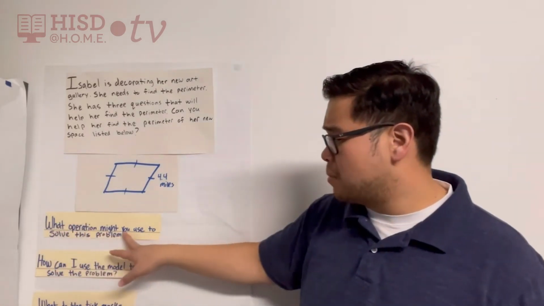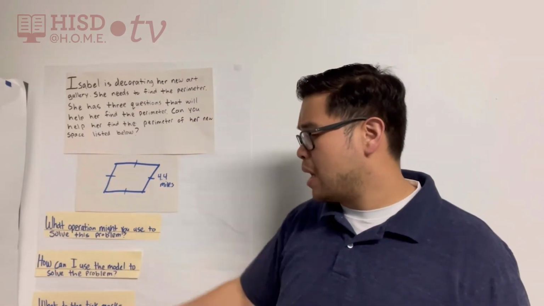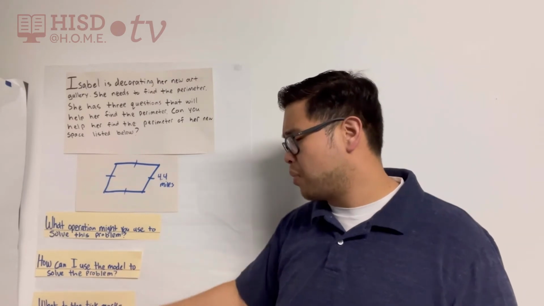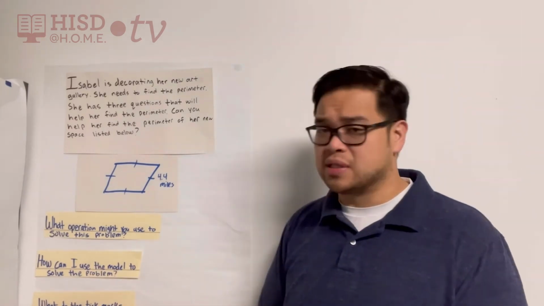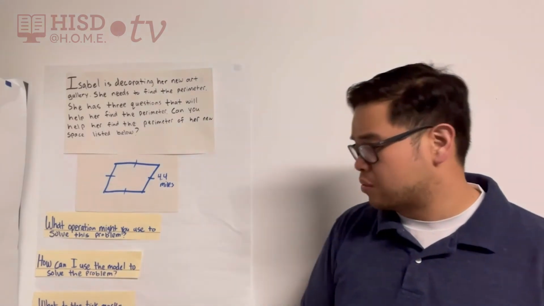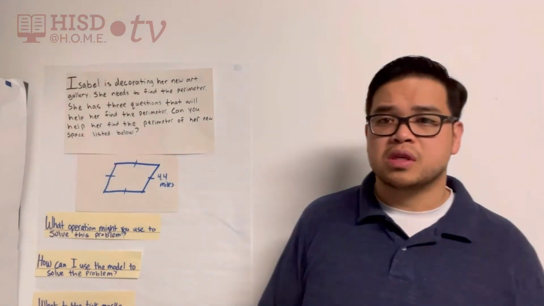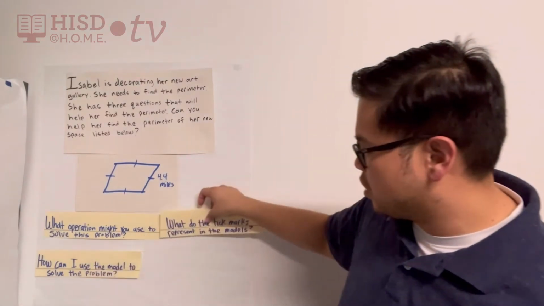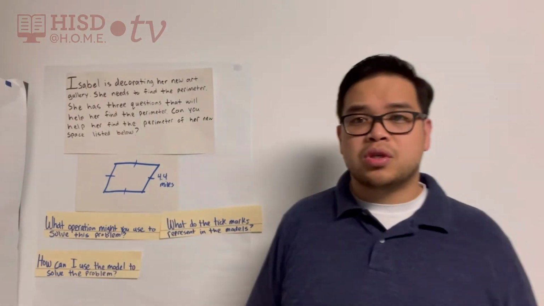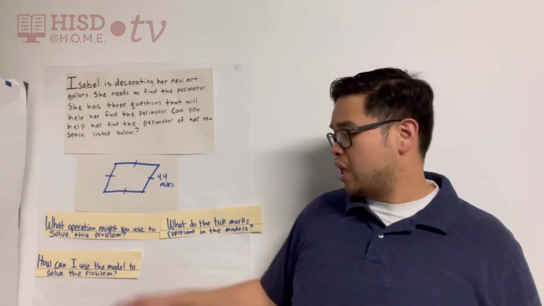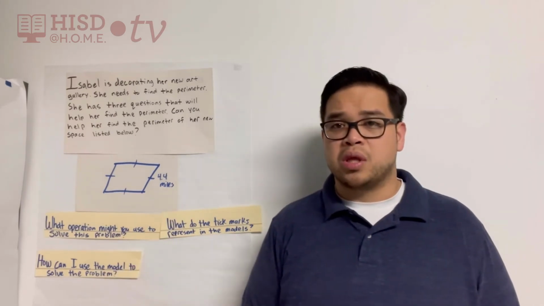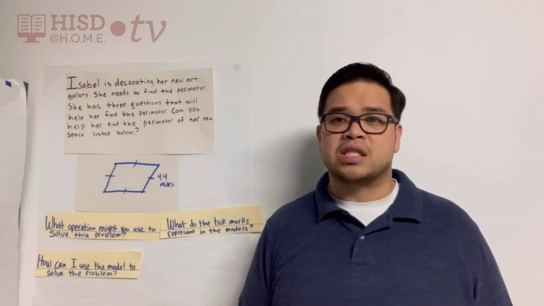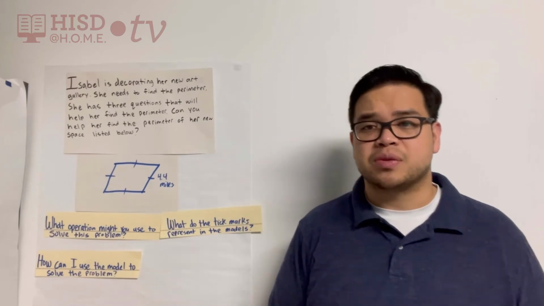What operation might you use to solve this problem? How can I use the model to solve the problem? What do the tick marks represent in the model? So that's what you're going to copy in your journal and go ahead and answer these questions. And then when you come back, we'll go ahead and discuss this engage.